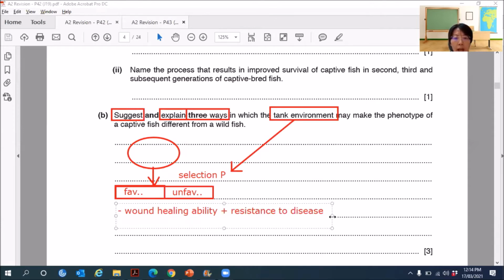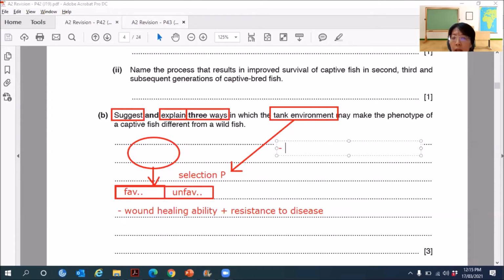So the favorable phenotype is the ability to heal as well as resistance to disease. What kind of selection pressure has led to this phenotype becoming favorable? That's the question. So this is the environment in the fish tank. What are the environments? Just list all the environment that you can see in the question, and that will be correct.